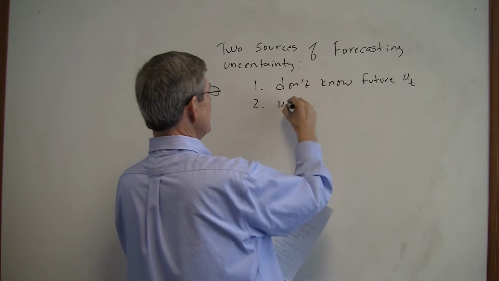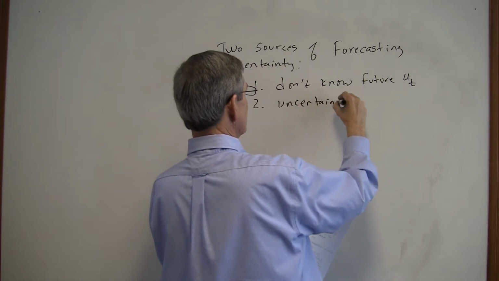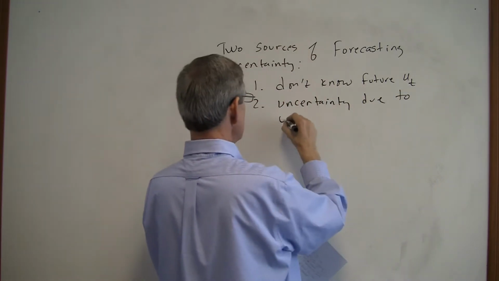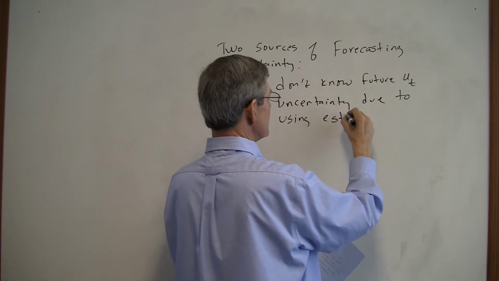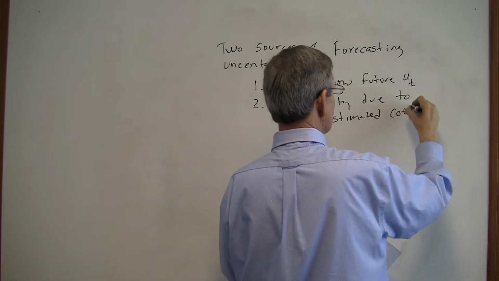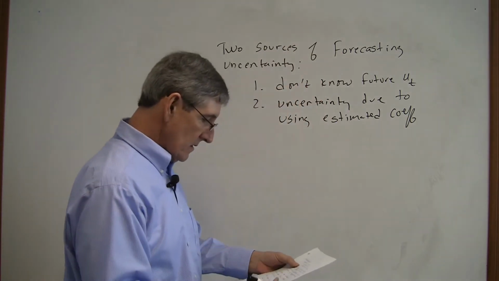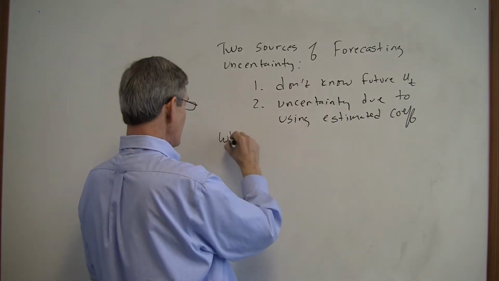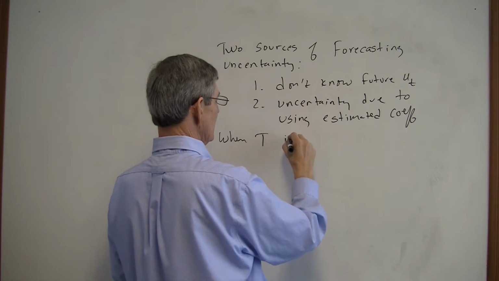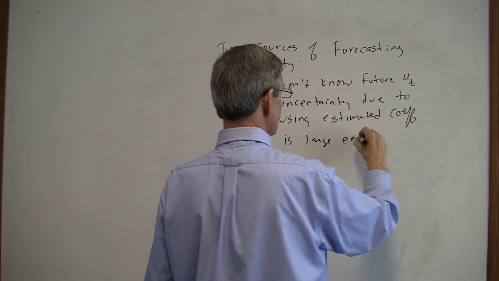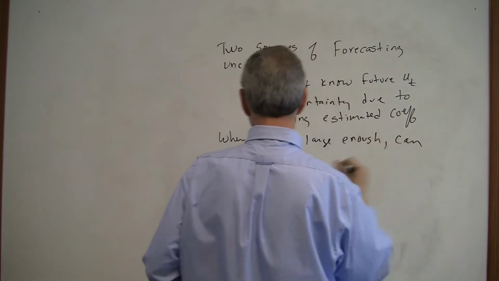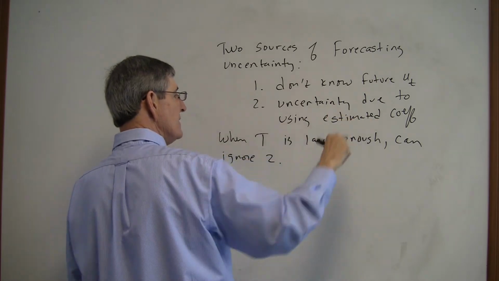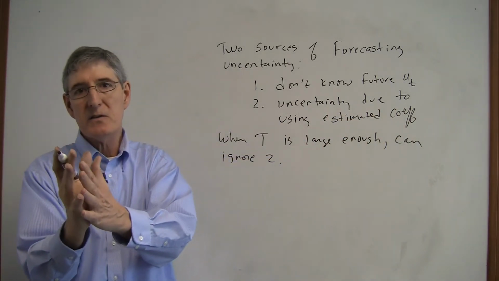And two, there's the uncertainty due to using estimated coefficients instead of the true values. And we said when t is large enough, we can ignore two, the estimated coefficients, because as t gets bigger and bigger, we get closer and closer to the true values.